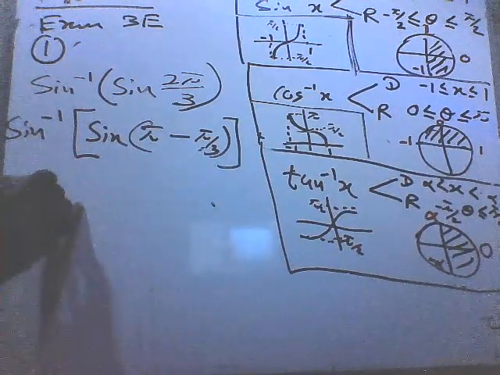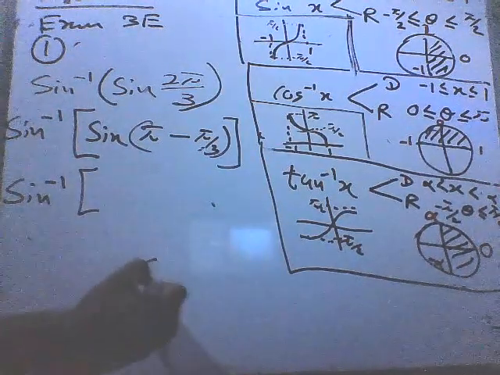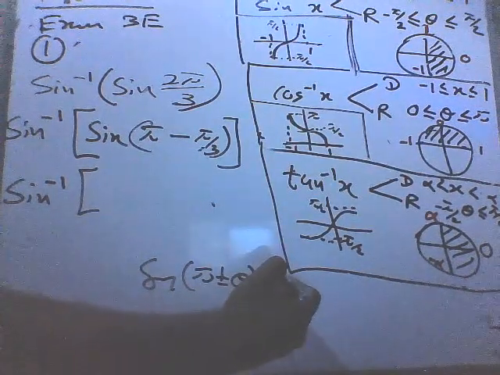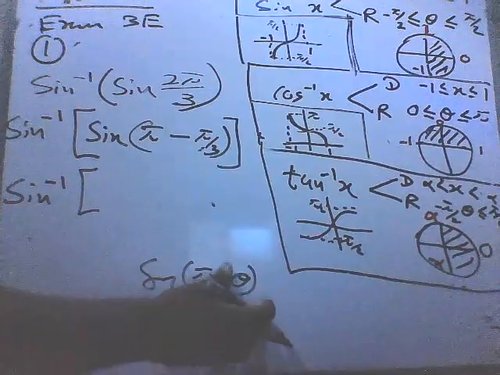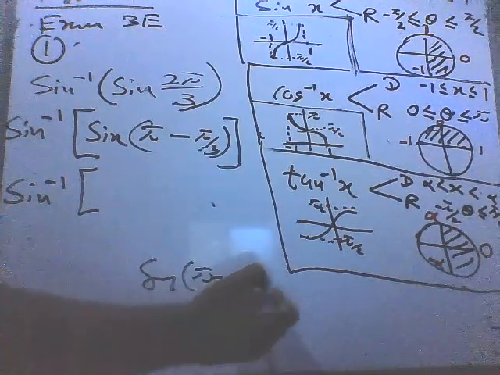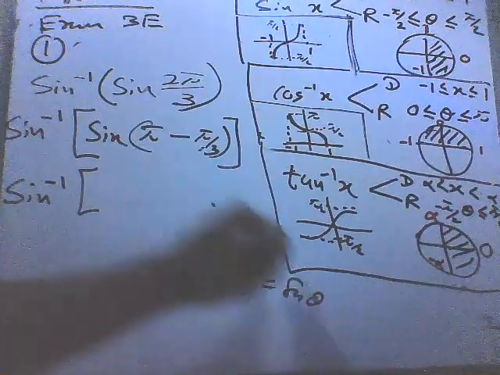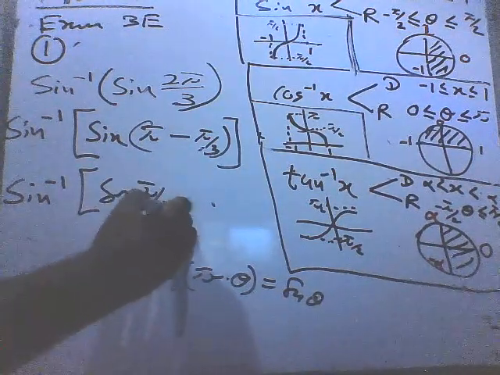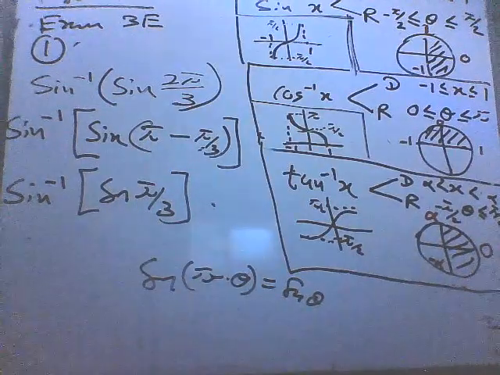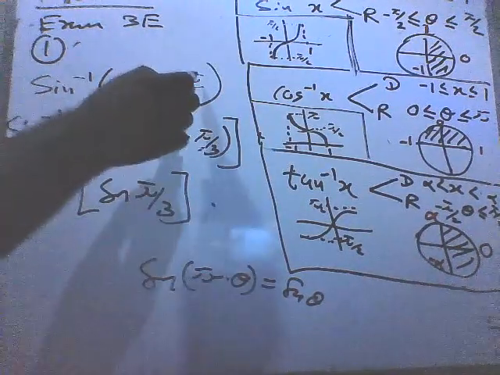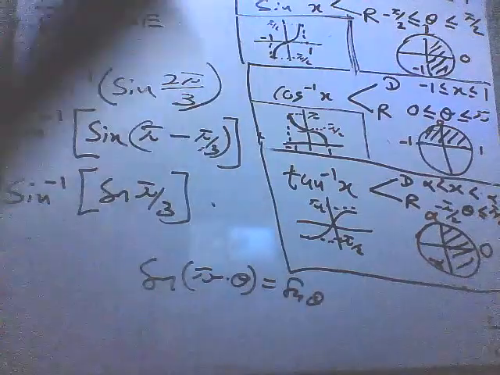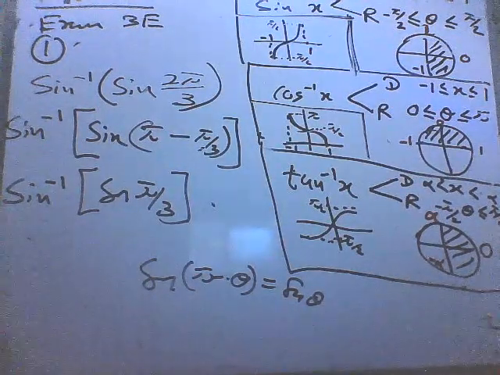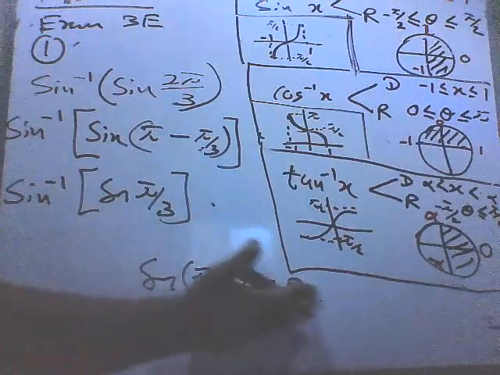We know the identity: sine of pi minus theta is equal to sine theta. From that we can write sine pi over 3. Now you can cancel off and put the answer.